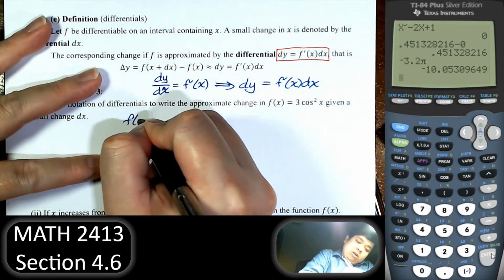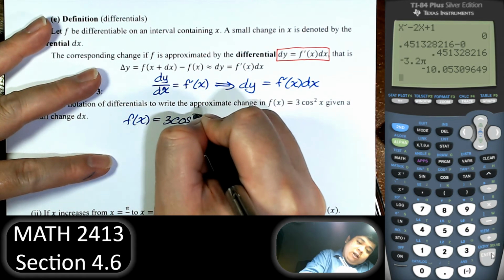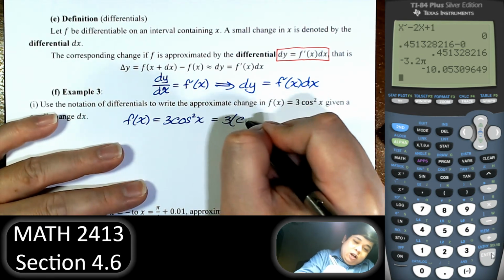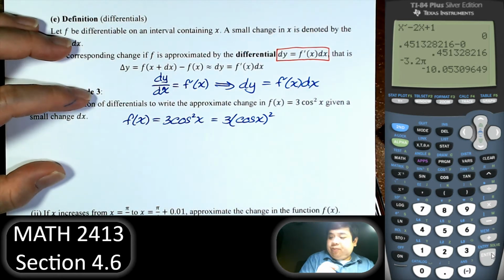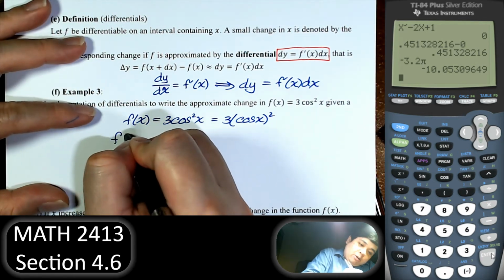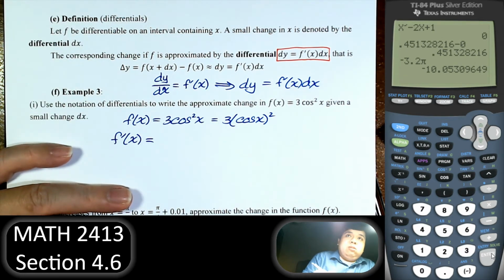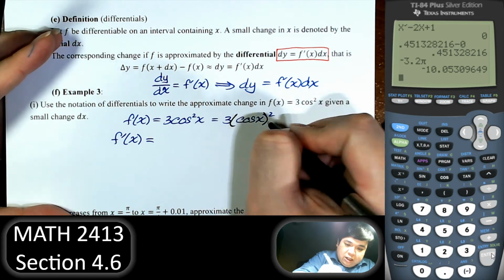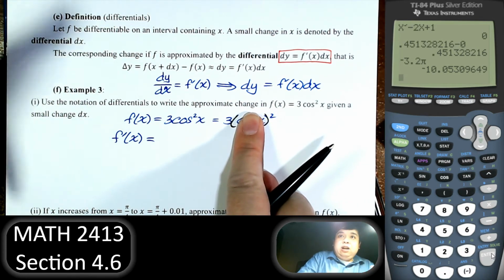f of x equals 3 cosine square of x. I will write cosine of x and then square, so it is easier to take the derivative that way. If I take the derivative, with the parentheses here, it will be 3 times something square.